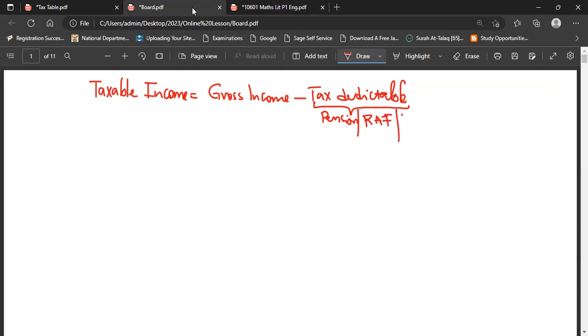We also subtract donations, the donation you pay to a certain charity, before we start calculating the taxable income. Simply put, for you to start calculating tax, the money has to be taxable.